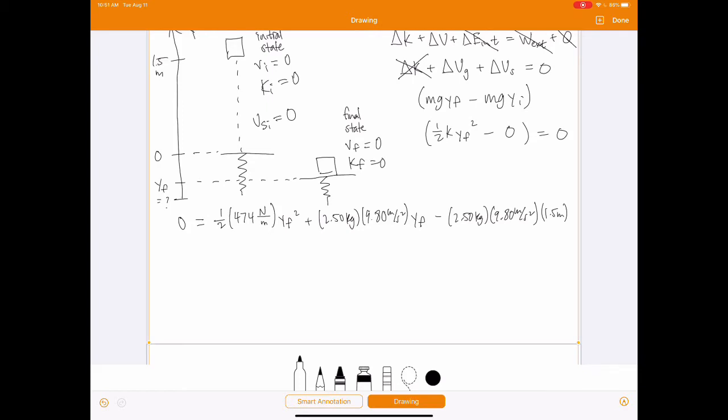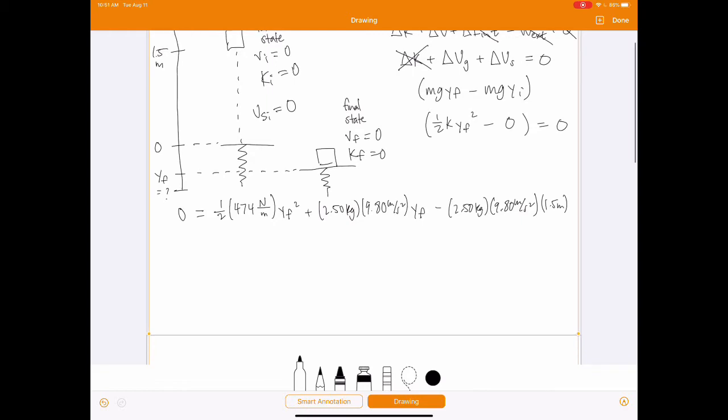So what kind of equation is this? We're trying to find y final, which tells us how much the spring is compressed, but this is a quadratic expression, right? We have a y final squared, we have y final, and then we have a constant term. So to simplify the expression a little bit, 1/2 of 474 is 237.